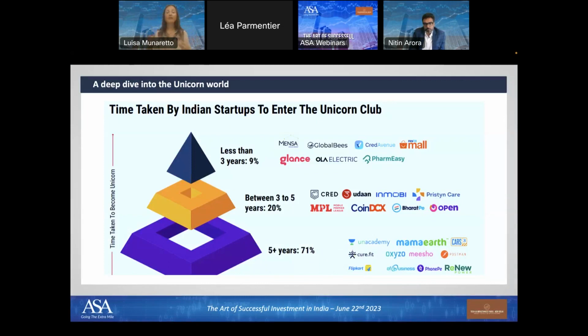But there is a reason why these unicorns became so important and so impactful in such a short term. We will go through these points. You will see in the slide a first generation of startups which become unicorns in 5 years.